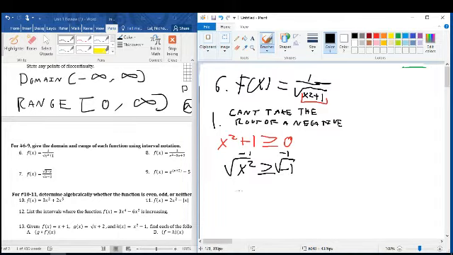So the square root of x squared is x, and if you remember from Math 3, the square root of -1 is i, which is an imaginary number, because the square root of -1 doesn't make sense.